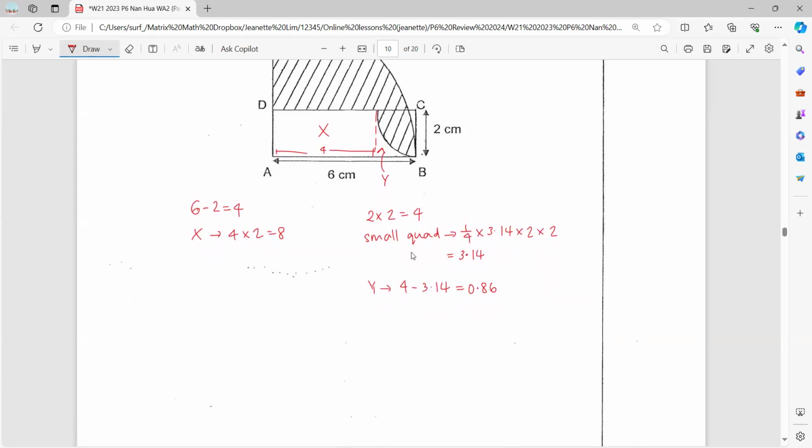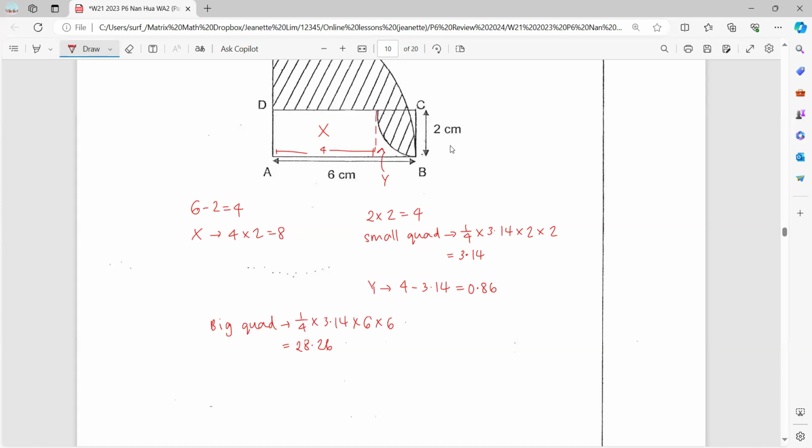Let's find area of big quadrant. 1/4 times pi, which is 3.14, times the radius. Radius is 6. And times 6. 28.26.